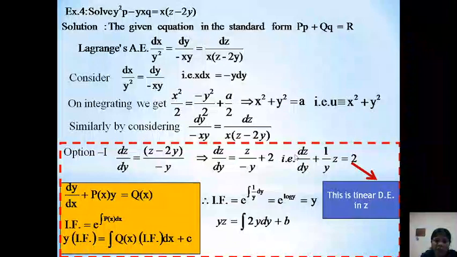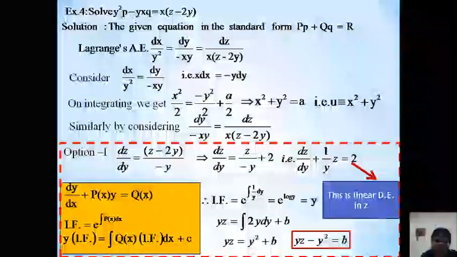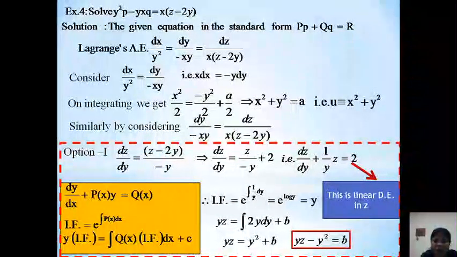So therefore the solution is, the dependent variable is z, so z into integrating factor, so y, equal to integration of the right hand side, that is 2 into y dy plus b. Now integrate and get the answer. So we have yz equal to y square plus b, that is, shift all the variable terms to one side, so we get yz minus y square equal to b. Like this we get the first solution. So this is according to option 1.